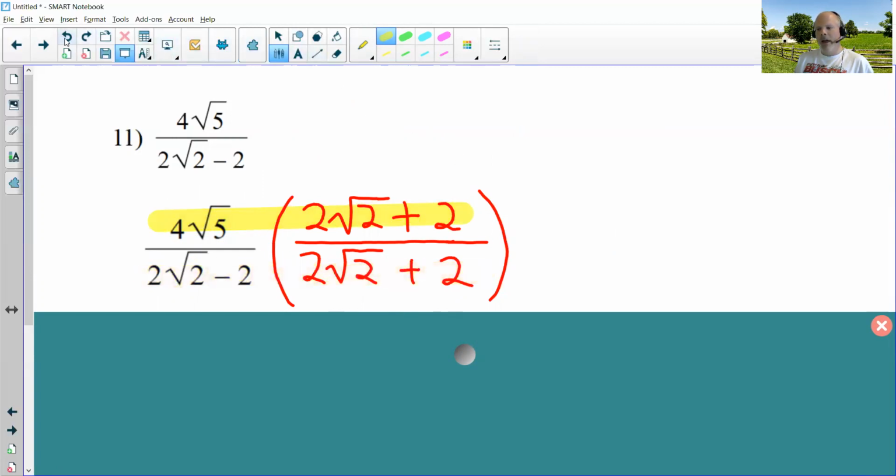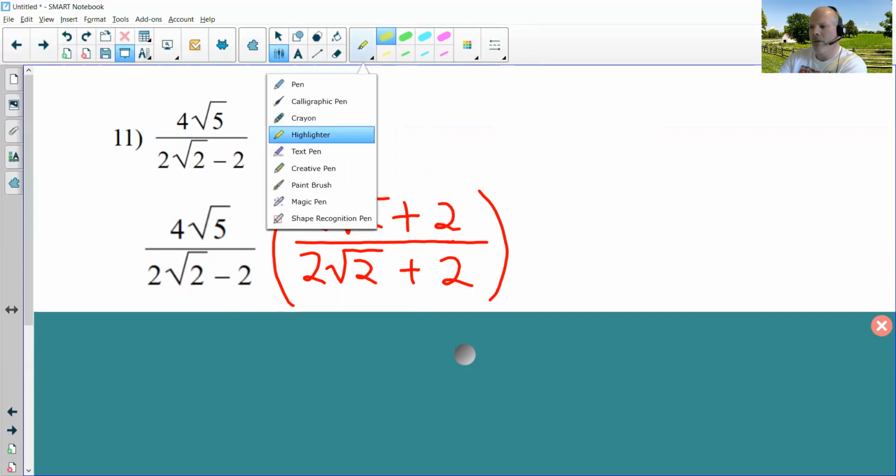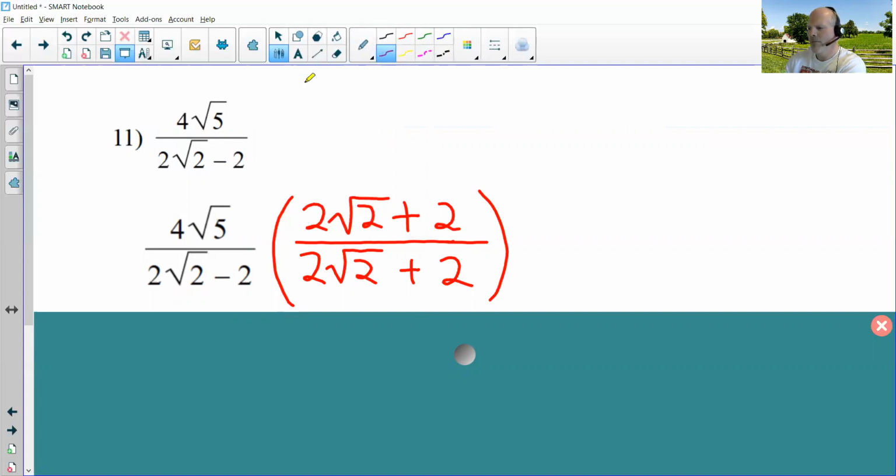But remember that when we multiply the denominators using FOIL, all we need to do is first times first and last times last, because we know that the O and the I in FOIL are going to cancel out. So I already know that my denominator is going to be an integer, and it's going to be first times first. Well, 2 square root of 2 times 2 square root of 2.